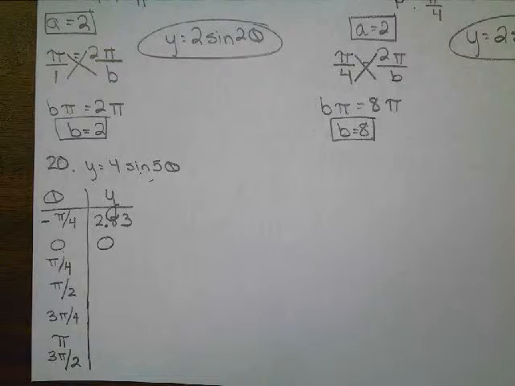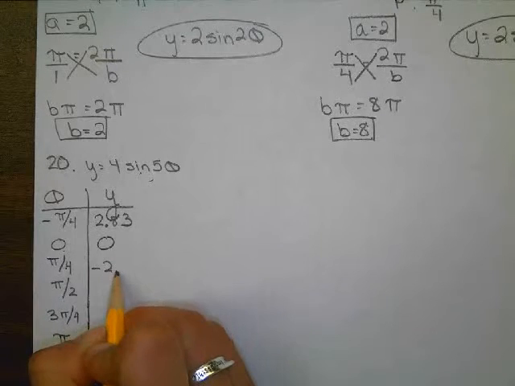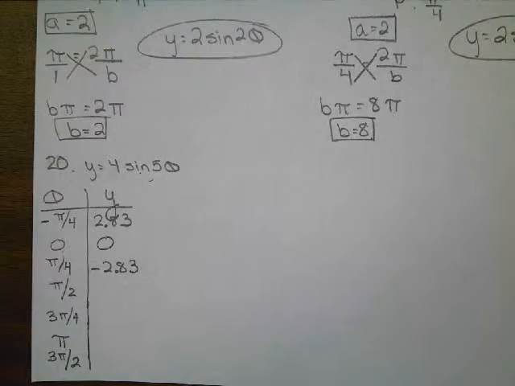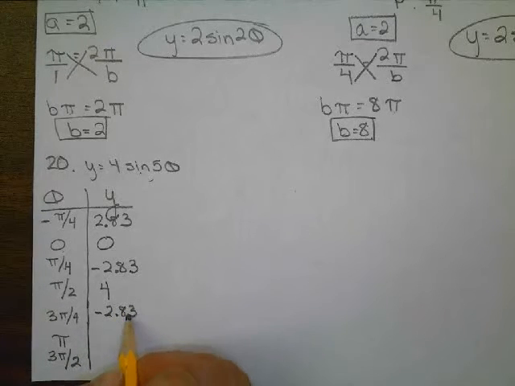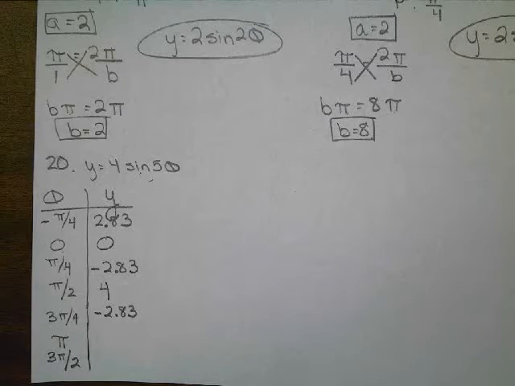So I take 4 times the sine of 5 times pi over 4, which is negative 2.83. Then I do the same thing by plugging in pi over 2. You get 4. 3 pi over 4, negative 2.83 again. Pi is 0, and 3 pi over 2 is negative 4.